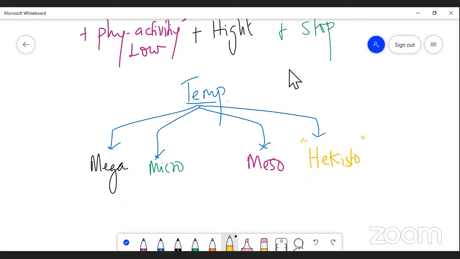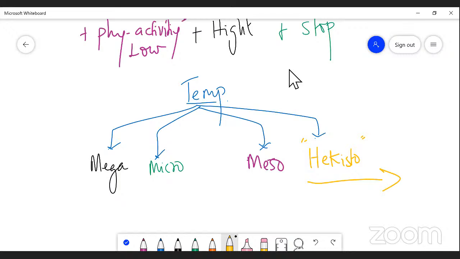Hekistothermal, right? So megathermal means the region where you can see higher, maximum temperature. Whereas microtherm means the temperature is very low in nature. And meso means it is moderate. And hekistothermal means extreme condition, right? The temperature is in a very extreme condition.